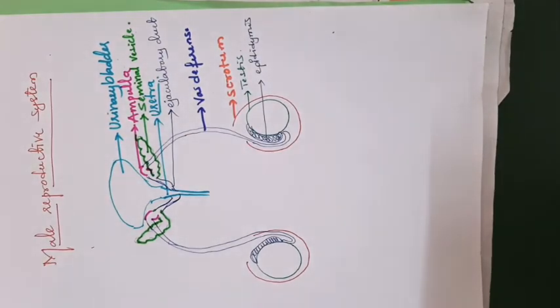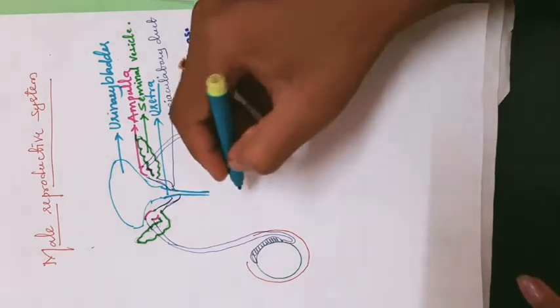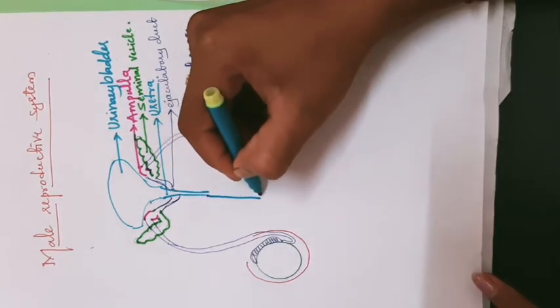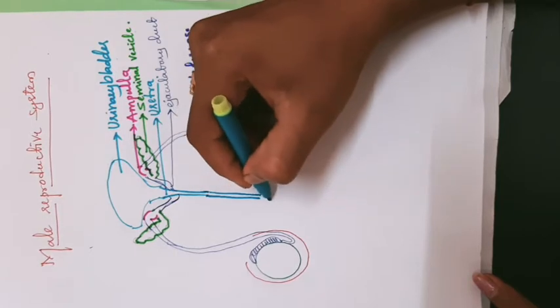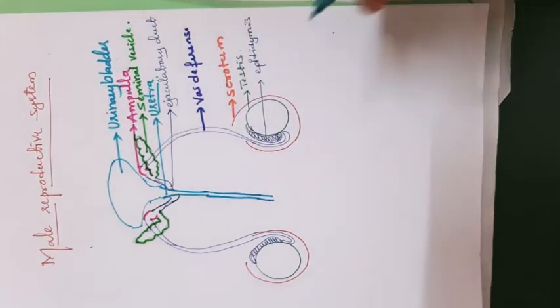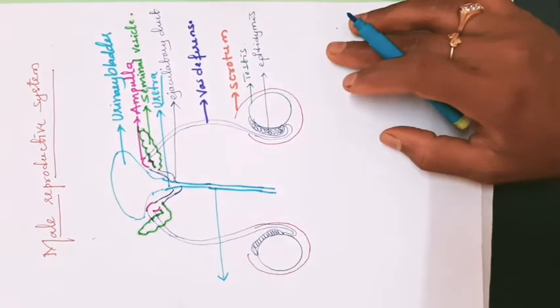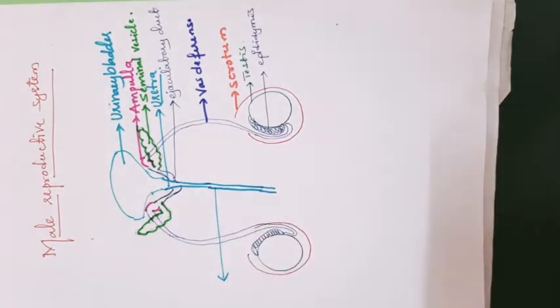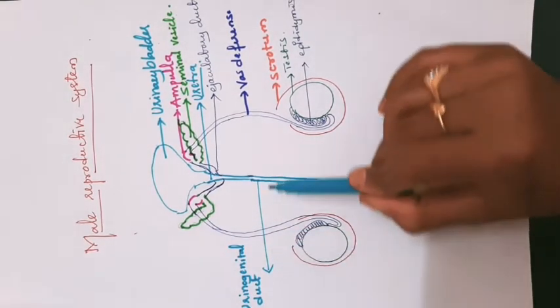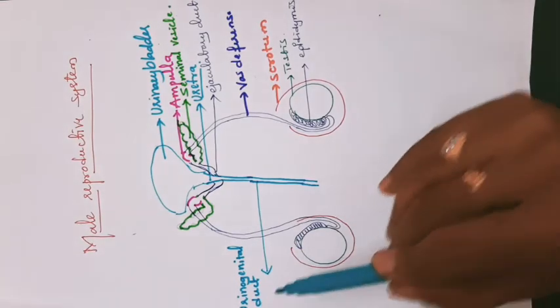The later part of the urethra conducts both sperm and urine. That is why it is called the urinogenital tract or duct. I will label it here.